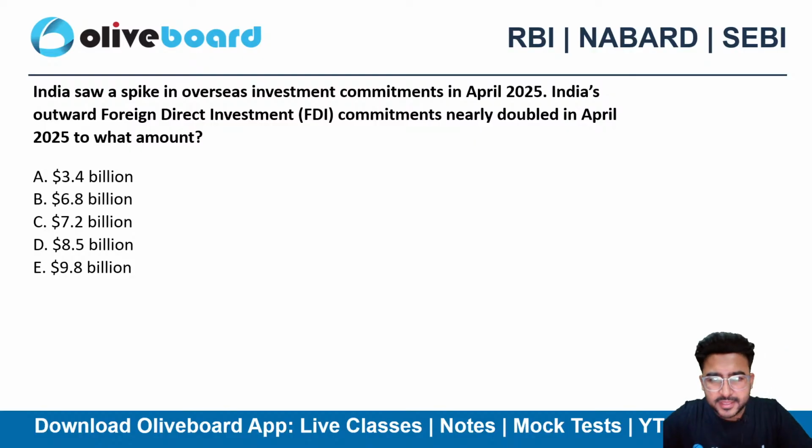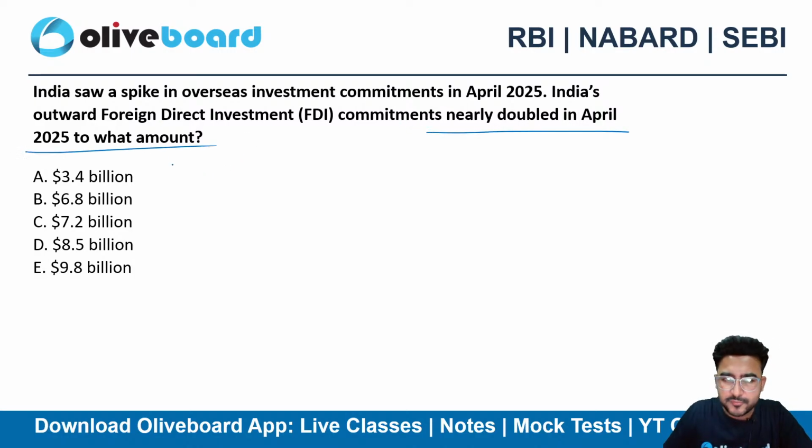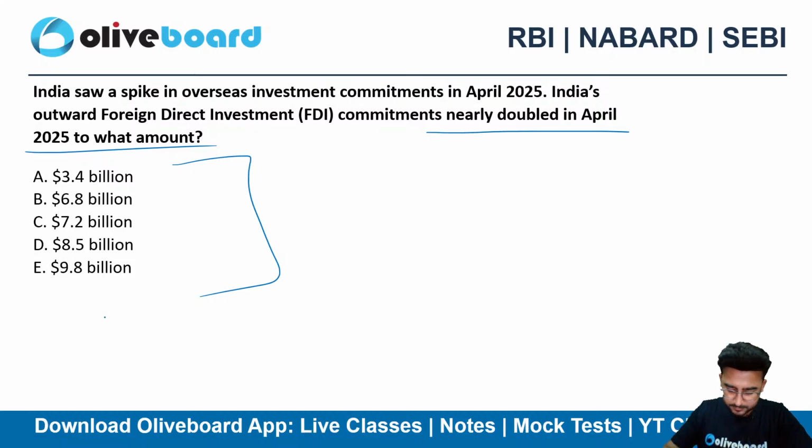India saw a spike in the overseas investment commitments in April 2025. India's outward foreign direct investment commitments nearly doubled in April 2025 to what amount? To what amount?